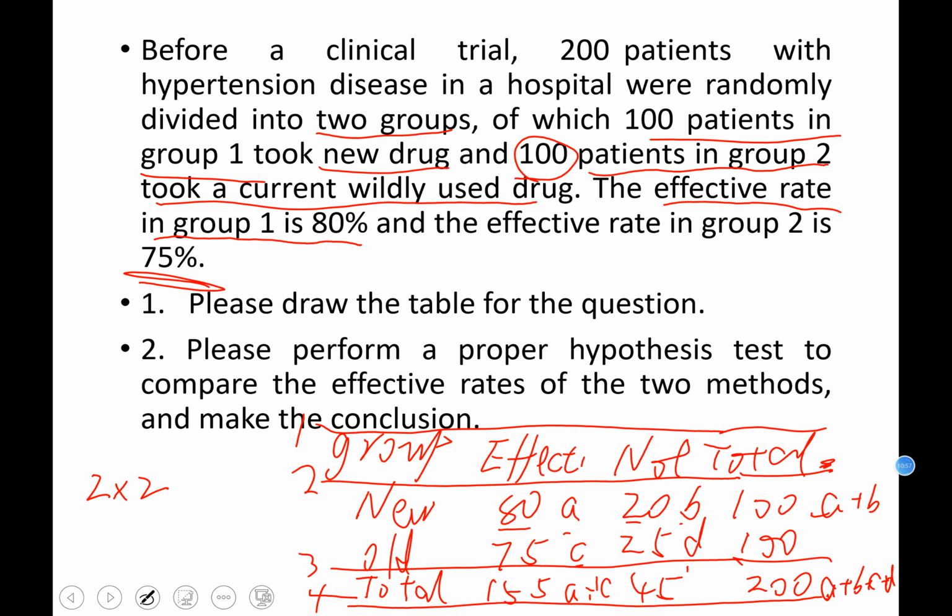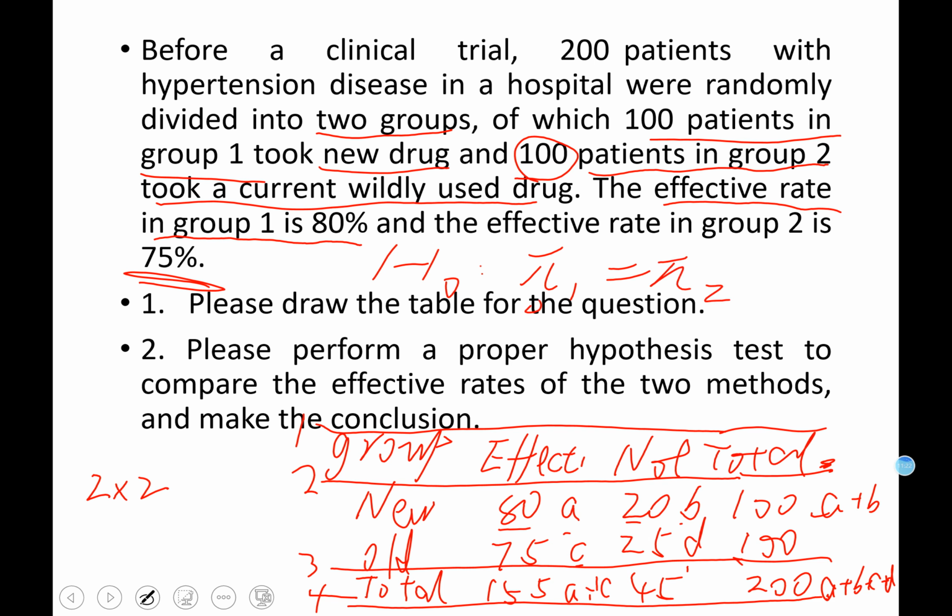So here, in step 1, we need to establish two hypotheses. The first one is H0, the null hypothesis. And in chi-square test, H0 should be pi1 equals pi2.